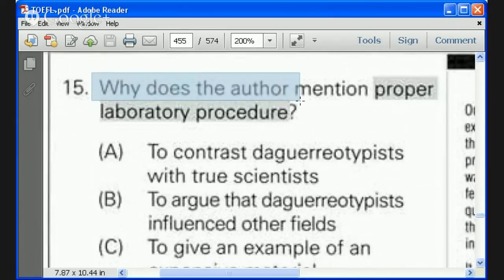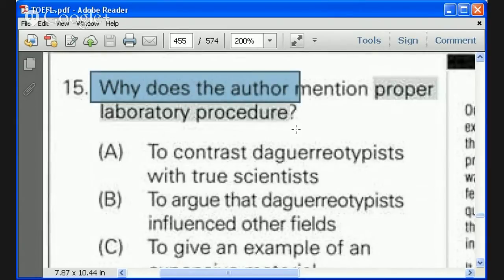Okay, why does the author do something? This type of question, you're actually considering the motivation or the purpose of the author. Why is the author doing this?